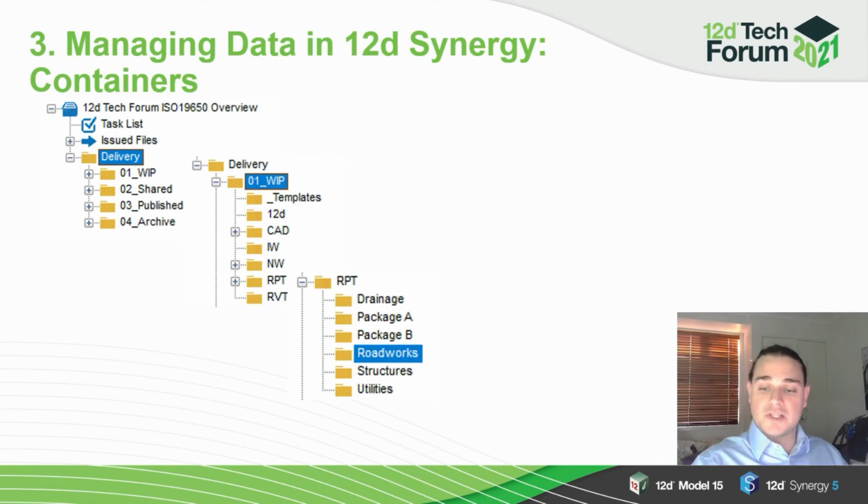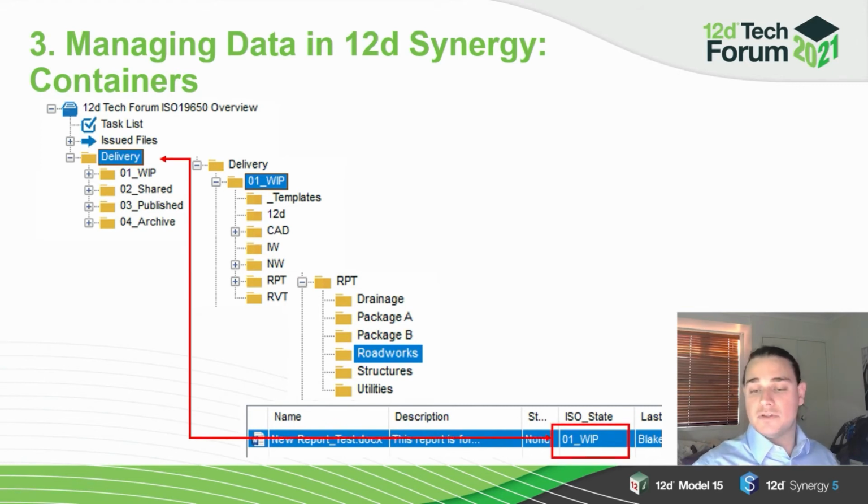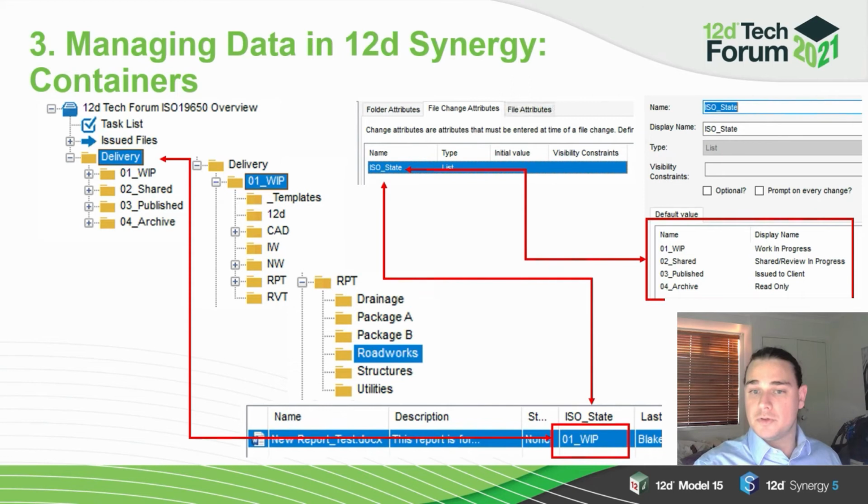If we were to inspect that document within our CDE, we would see some information or metadata about that document. And it's here where we link the state of the document with its container. The concept behind linking metadata to a document's property or attribute can be done, by example, in how we manage changes to the document and the attributes that we apply to the document in the CDE.